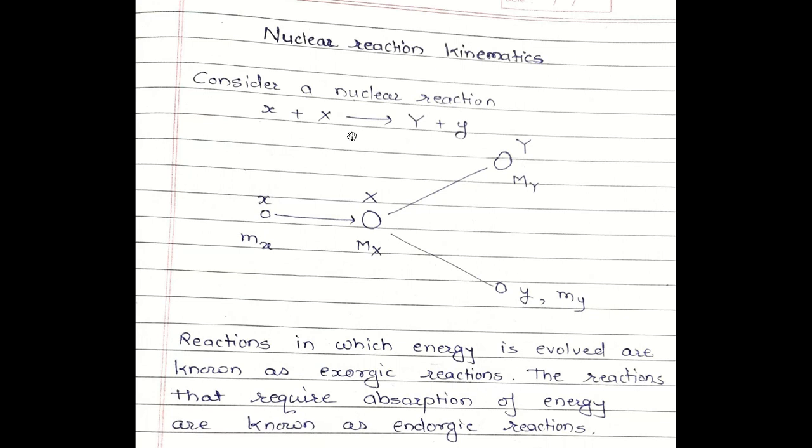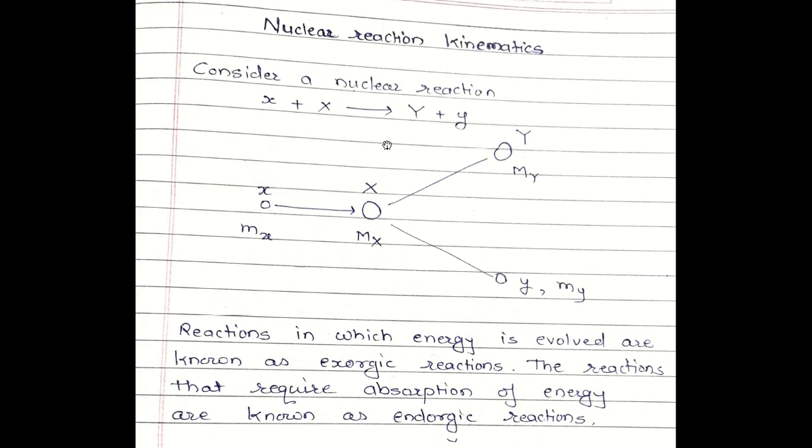Now, whenever we consider a nuclear reaction, either energy will be evolved from it, or the reaction itself requires some energy from an external source to carry out. So there will be liberation or absorption of energy in a nuclear reaction.